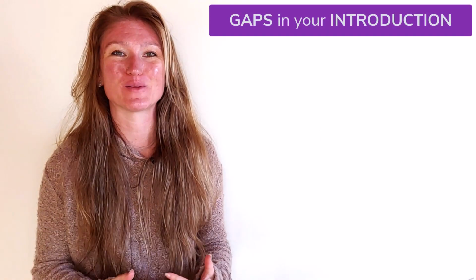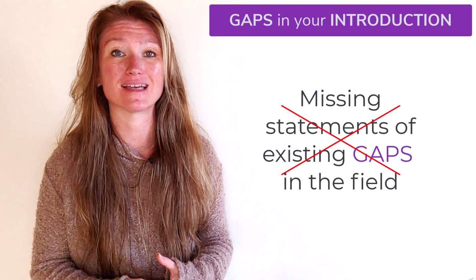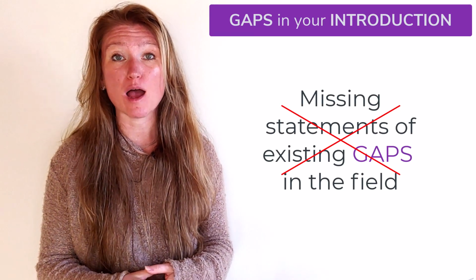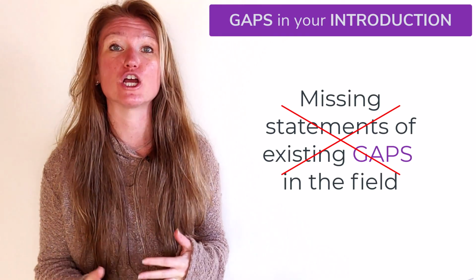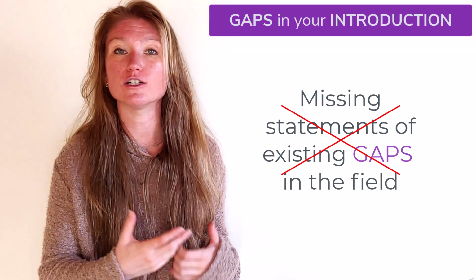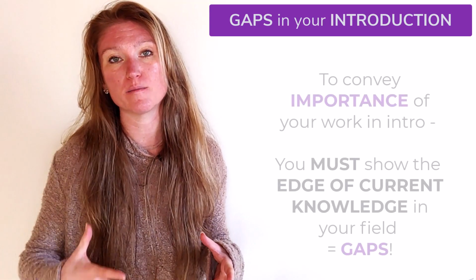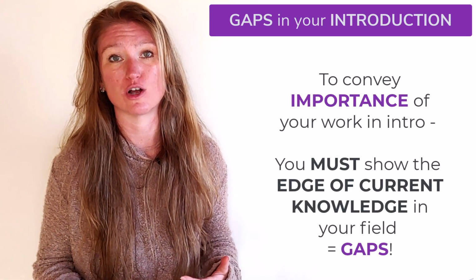So the first place where direct statements of gaps are usually missing in a paper is the introduction. The introduction of a paper is where we set up previous work in the field, show the reader what's been done before. So here it's very important to walk the reader not just through some stuff that's been done previously, but walk them up to that edge of current knowledge that existed when you started this project.